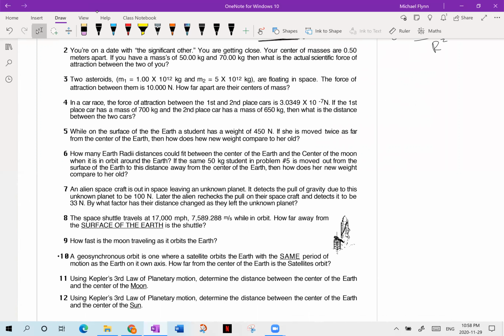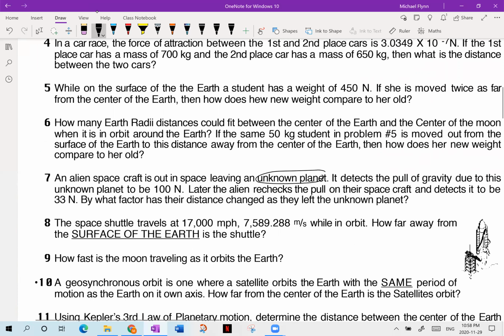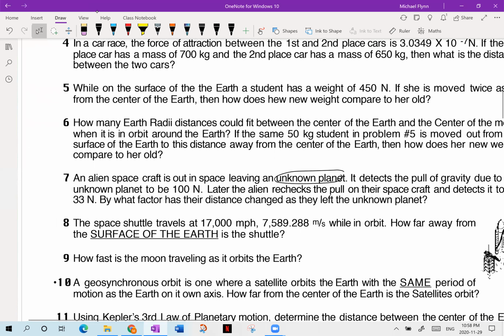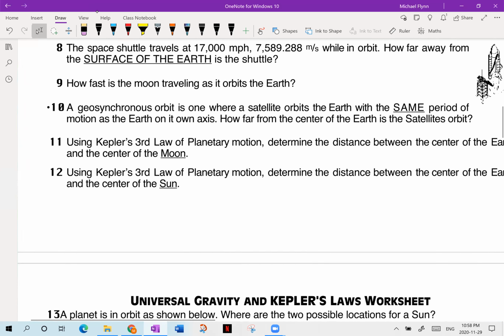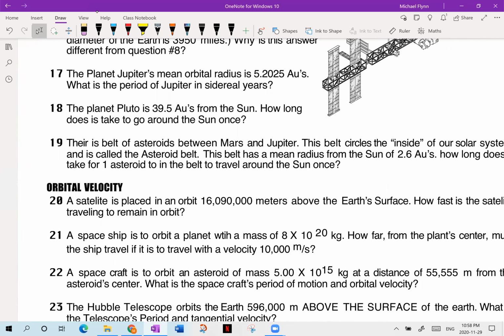If it's an unknown planet, be careful there not to use 9.8 or anything like that. So I'll let you do this. These proportionality questions, I think you can handle it, to be honest with you. It's just using a formula. So just use the formula all the time.